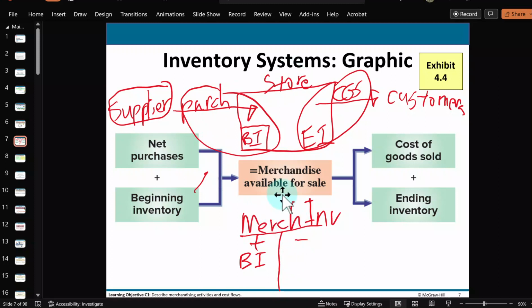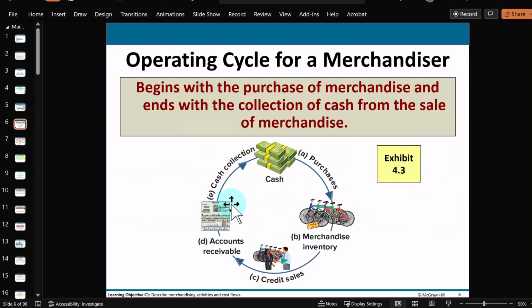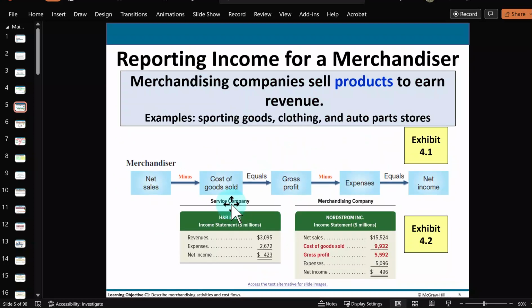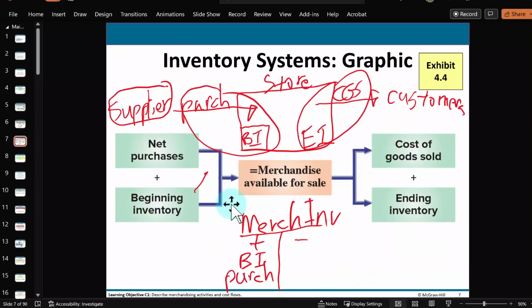Again, those increases are the purchases we buy from our supplier. And then we sell the merchandise. We're going to reduce this inventory account. Again, we call that the cost of goods sold, crediting merchandise inventory for whatever we're taking out of the store.